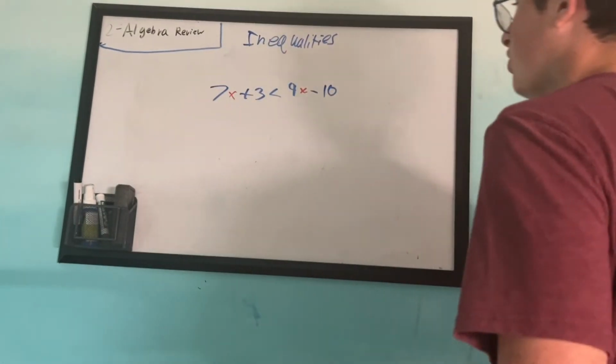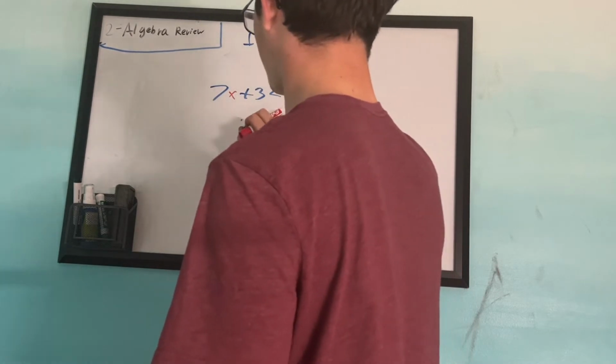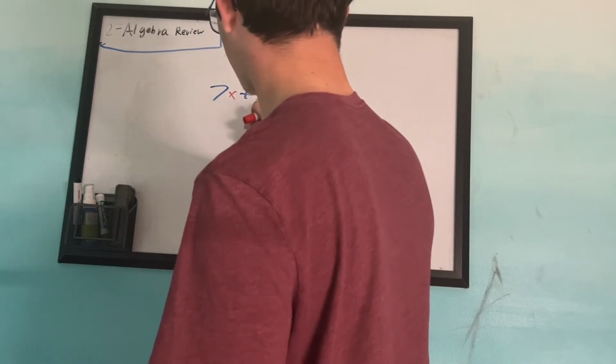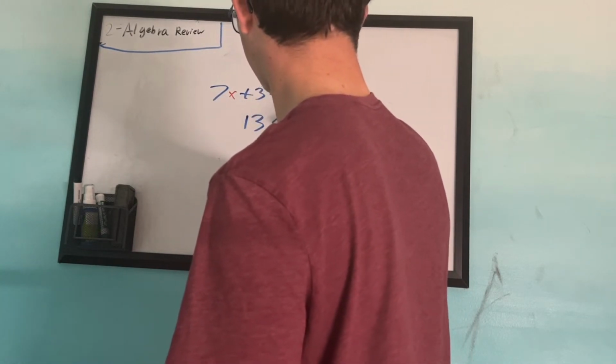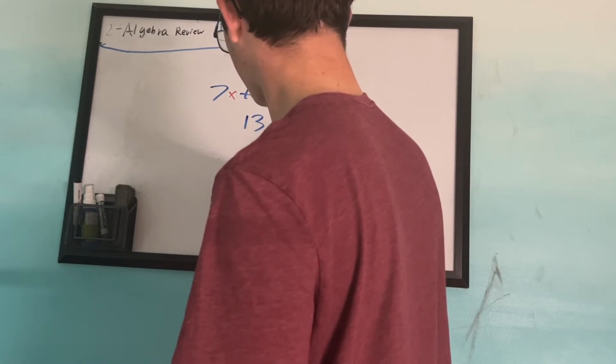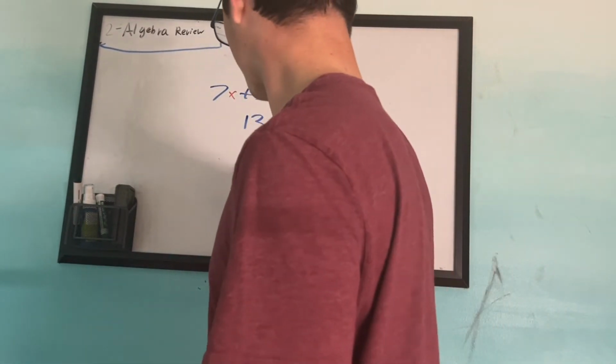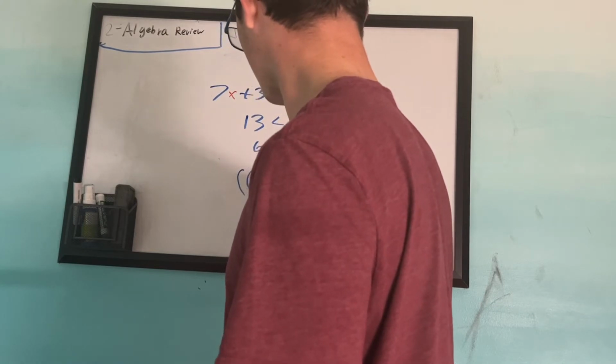This is just going to be solved like your run-of-the-mill linear equation. Add 10 to both sides, subtract 7x, you get 13 is less than 2x, and then 6.5 is less than x. Then you can turn this into interval notation, and you got 6.5 all the way to infinity.